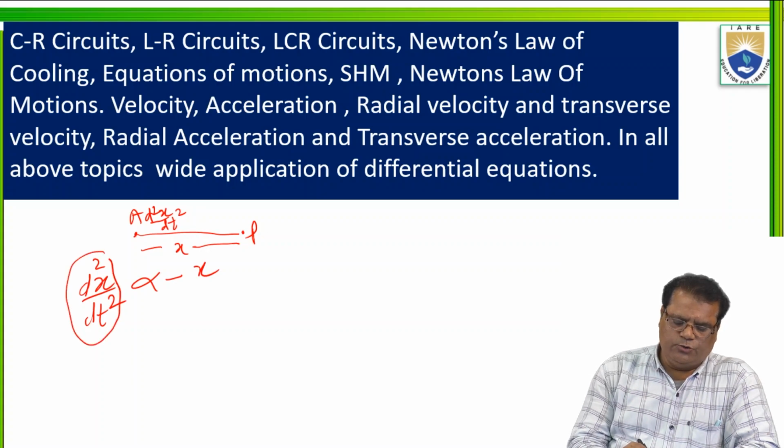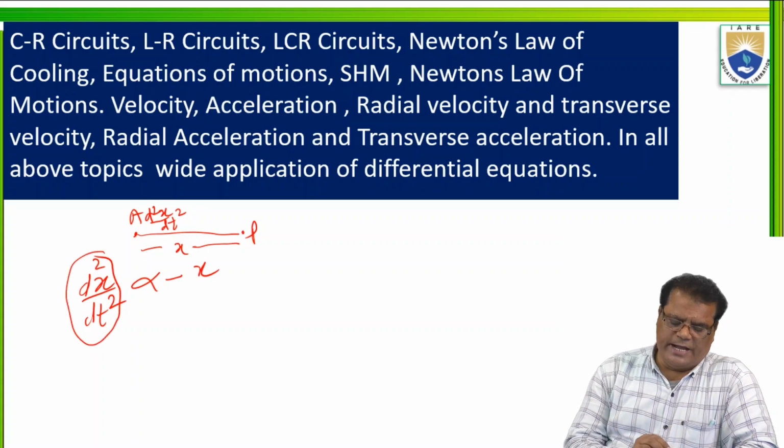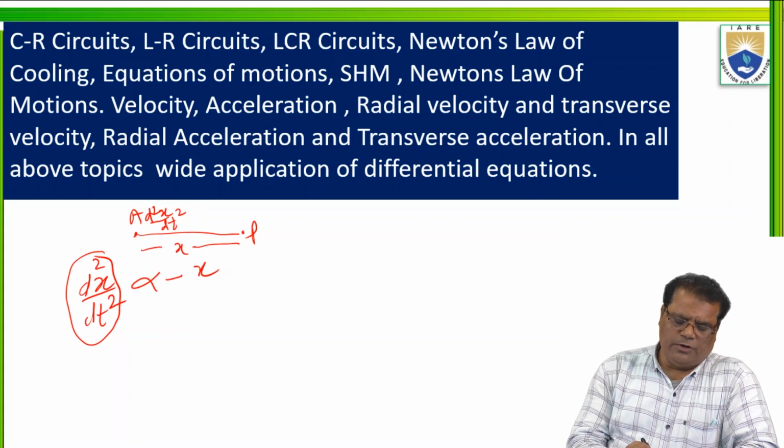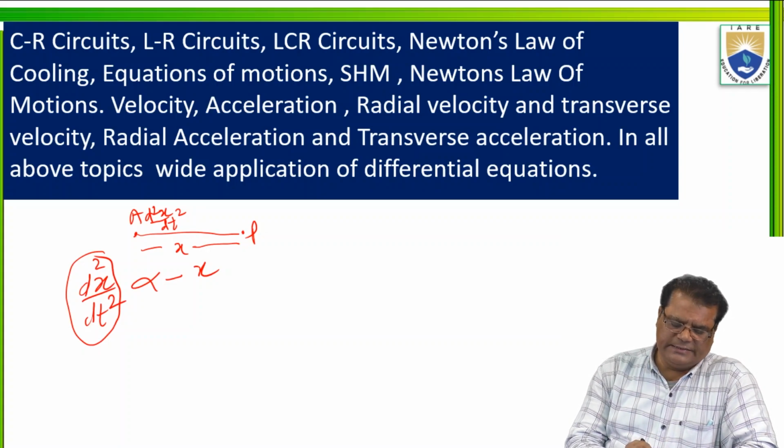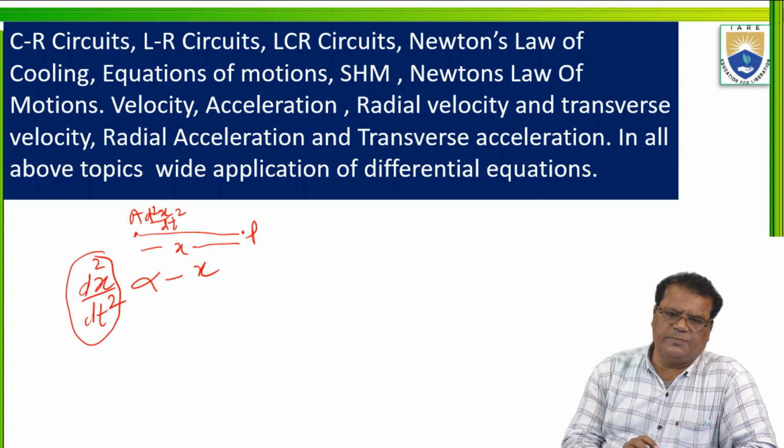This is the second time derivative of x with respect to time, and there is only one independent variable, t. x is dependent on t. So d2x over dt2 is the acceleration of the particle moving in a line. At any point, this is the acceleration and the displacement is x. So in simple harmonic motion, the acceleration of a particle is proportional to the negative of the displacement.